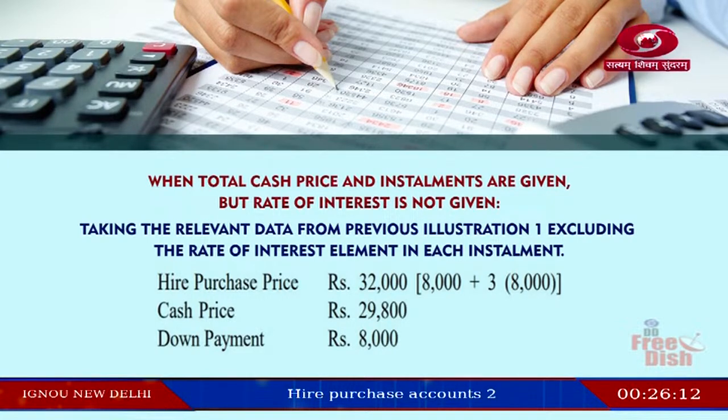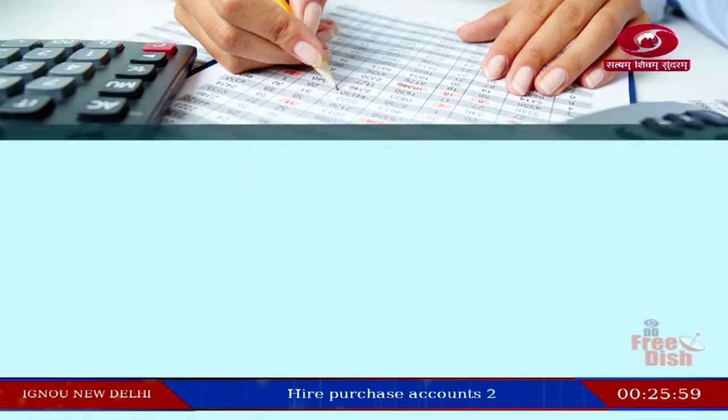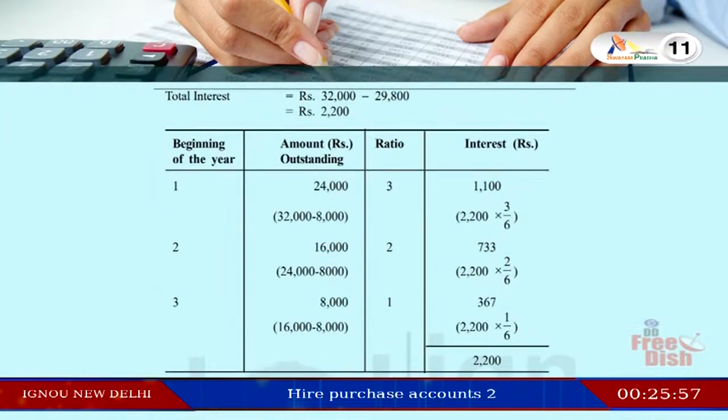If we subtract the cash price from the hire purchase price, we can easily calculate the total amount of interest included in the hire purchase price. Here the hire purchase price was rupees 32,000 and the cash price was rupees 29,800.